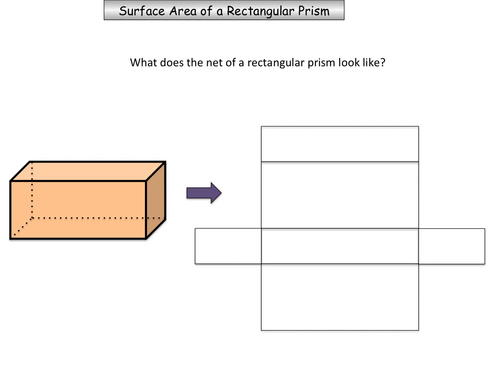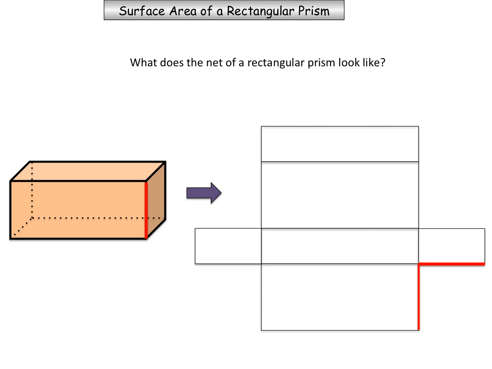If we cut along all the edges and open it up, we'll end up having a shape that looks like this. The surface area is basically just adding up all the areas of these rectangles. This particular rectangle is the same as this one here, which is really important to know.